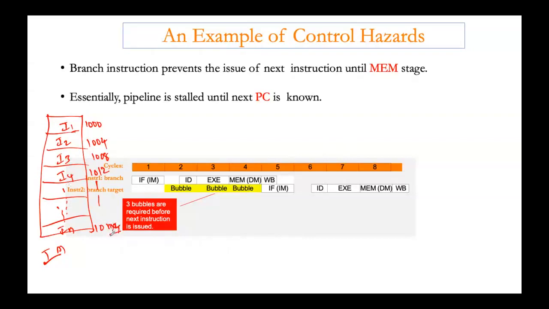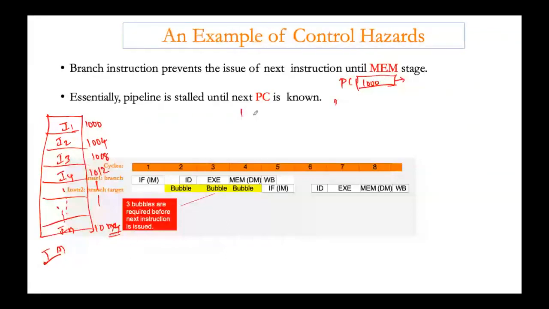Generally, if the program counter holds the address of the first instruction, at address 1000, then the program counter signals the instruction memory to fetch the instruction in the first cycle.